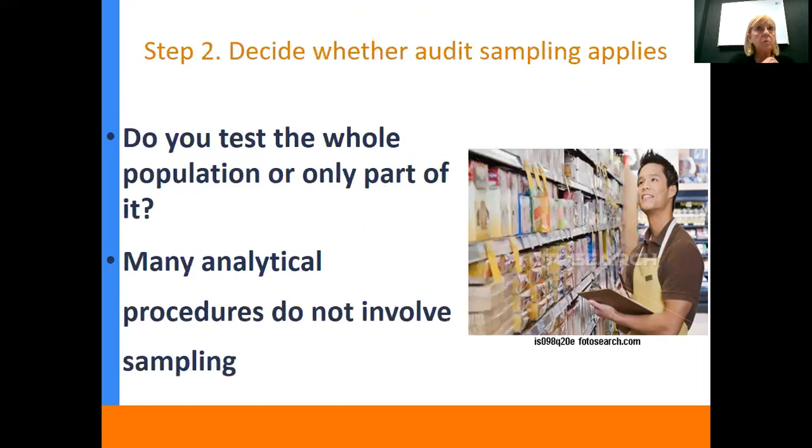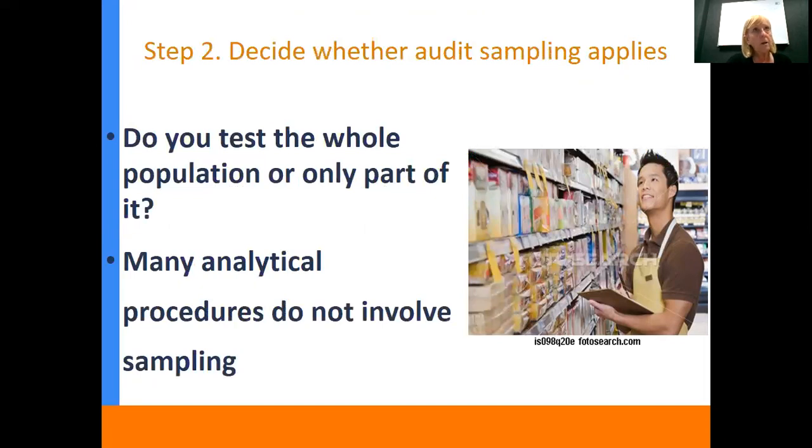And in that example that I gave, if I'm checking to see whether a reconciliation has been done, I might not take a sample of reconciliations. I might check each one. Is there a reconciliation every month? Because there's only 12 months in the year. So instead of sampling, I would check to see if it's done every month.